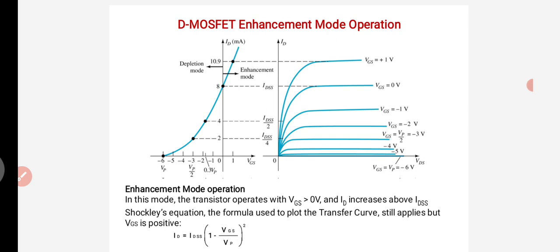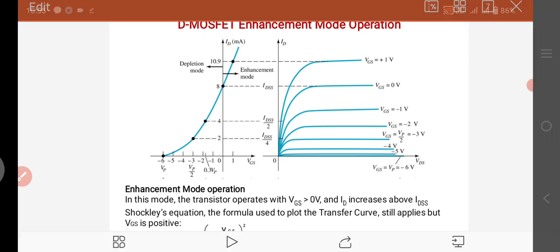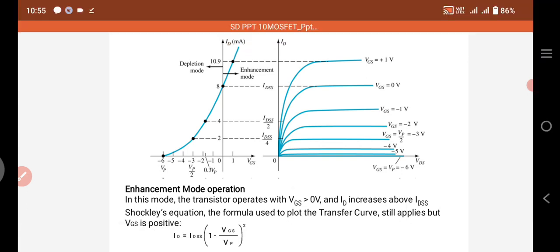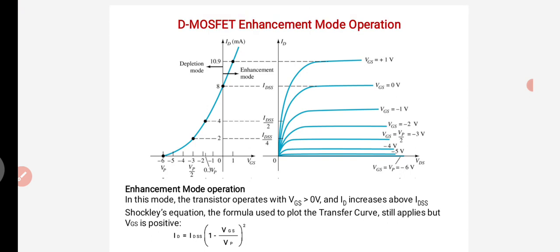At the same time, consider the MOSFET in enhancement mode of operation. In this mode, the transistor operates with VGS greater than 0 and ID increases above IDSS. Shockley's equation, the formula used to plot the transfer curve, still applies, but VGS is positive: ID equals IDSS into (1 minus VGS by VP) whole squared. So in enhancement mode, we can draw the transfer characteristics only for VGS greater than 0.